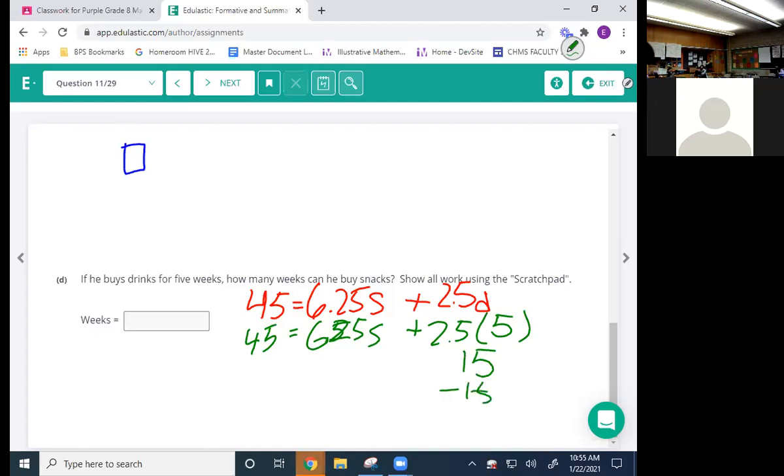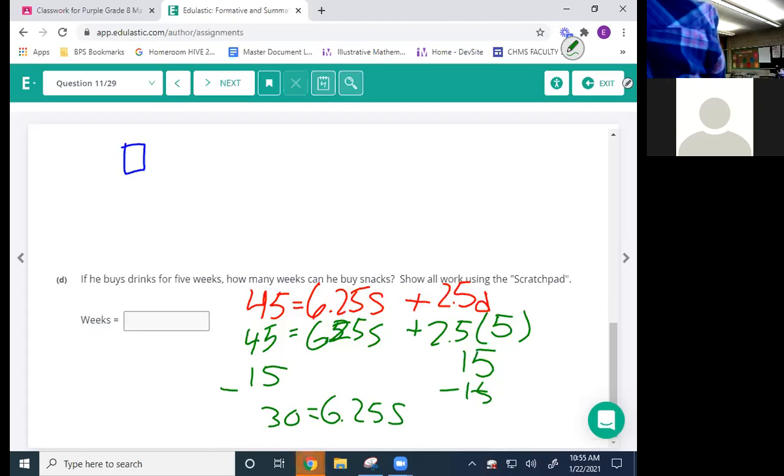Subtract it from each side. 30 is equal to 6.25 S. Divide it out. How many weeks? He can do, oh my goodness, it was 4.8 when you do the division. So how many weeks can he buy snacks for? In the context of the story, 4.8 weeks.